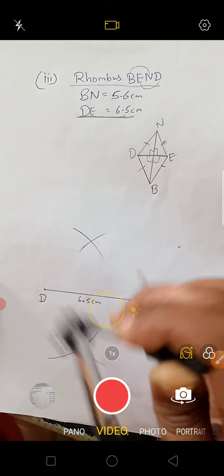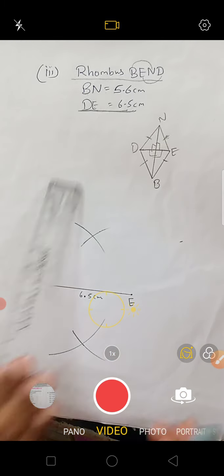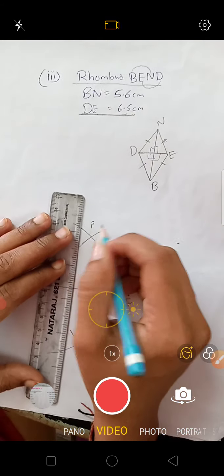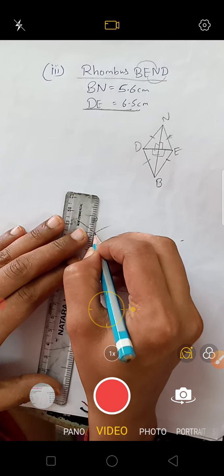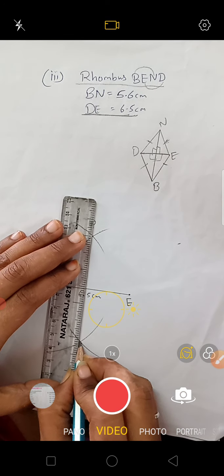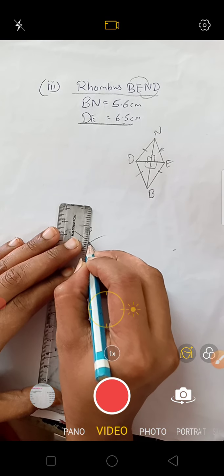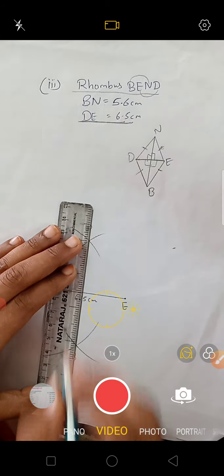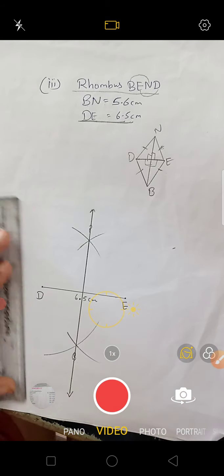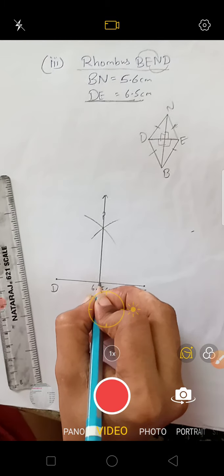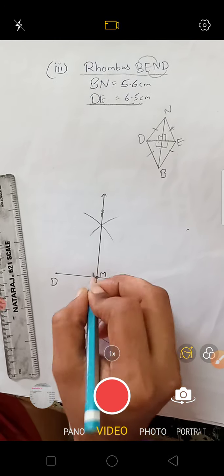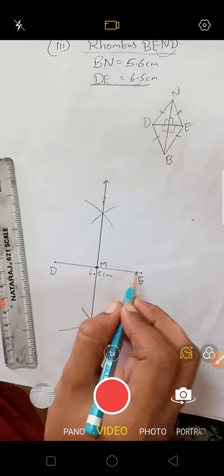So we get the perpendicular bisector. We get the points P and Q, the intersecting points, and then we join them by a line. When we join it, the intersecting point is named M, because it is the middle point of the line segment DE.